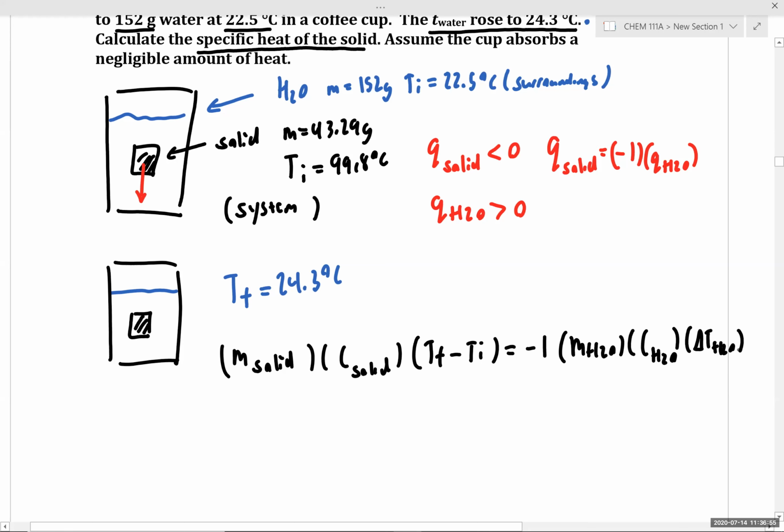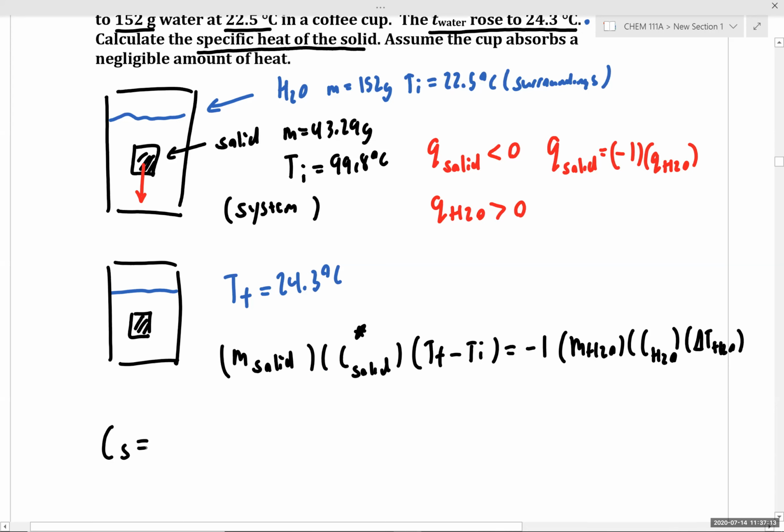Now what we're going to do is substitute. The mass of our solid is 43.29 grams. The specific heat of our solid we don't know. So before we substitute, let's solve for the specific heat of our solid.